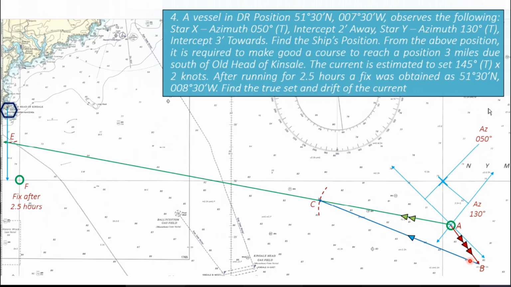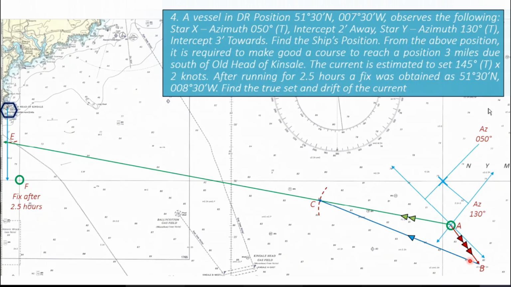So the estimation is made basis these factors. However, the actual current in the area may differ from the estimation. So it is because of this difference that we are not on our intended track. We have drifted off.